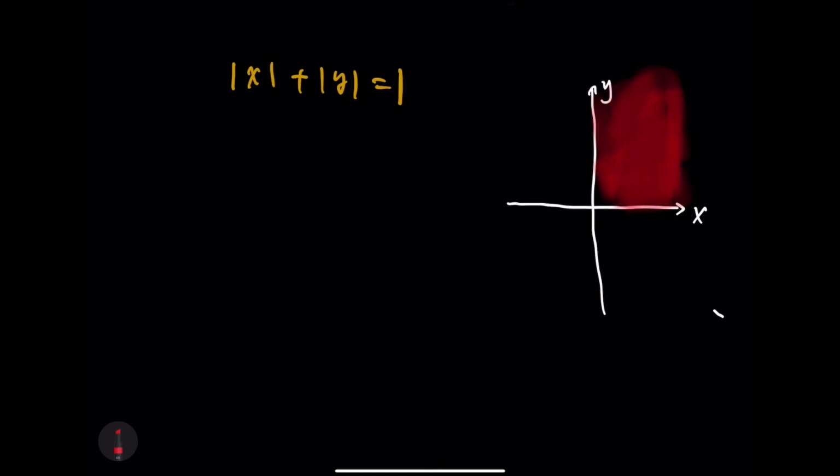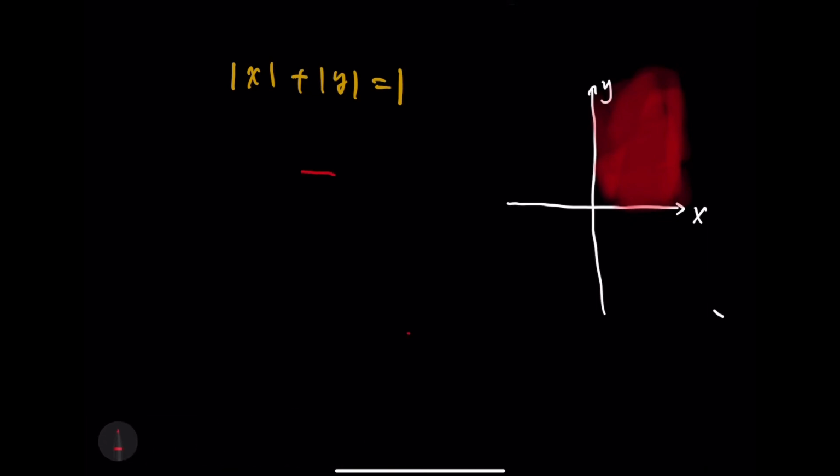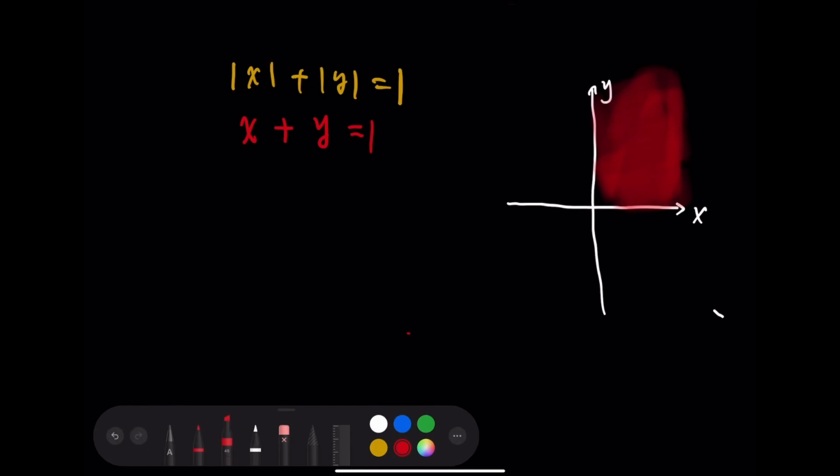So for the first piece, it will become, when x is positive, the absolute value will be positive x. And when y is positive, the absolute value will be positive y. And then that equals 1. So that's the first piece. I'm going to do similar for the second piece, using the blue.